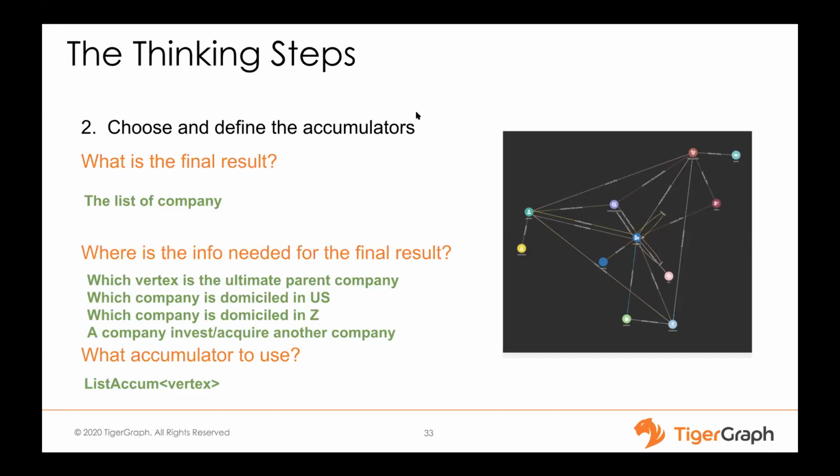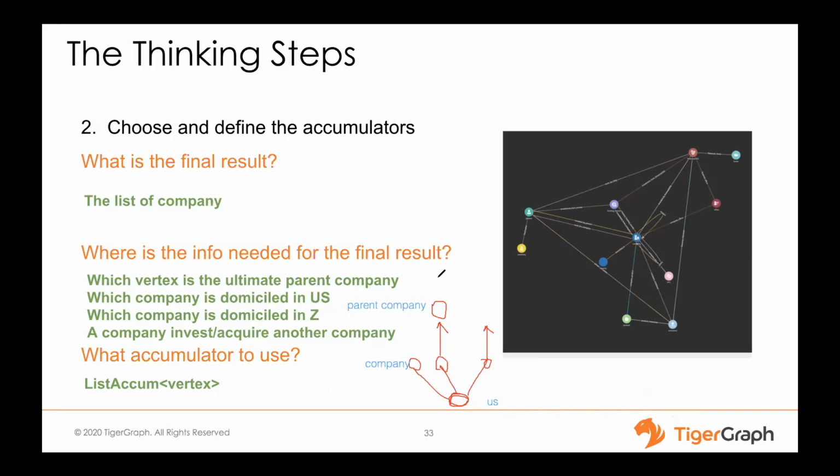So now we have a vertex. This is our US vertex. And of course, we have a lot of companies in US. So these are the companies in US. Each company has its parent company, so this one is a company, and this one is a parent company.